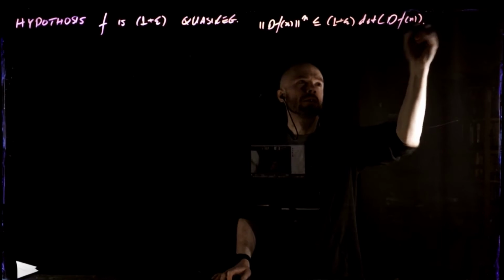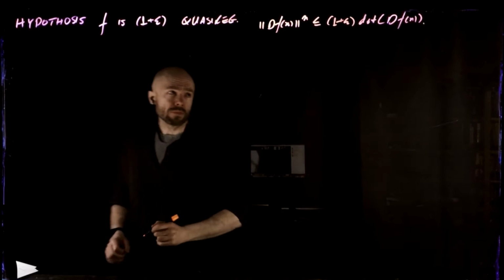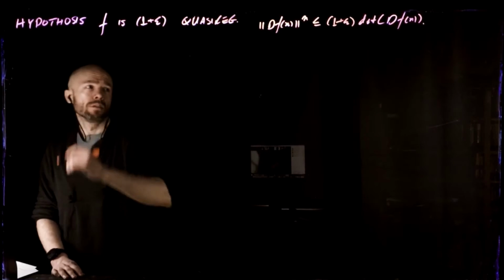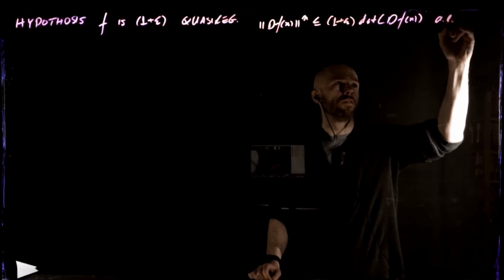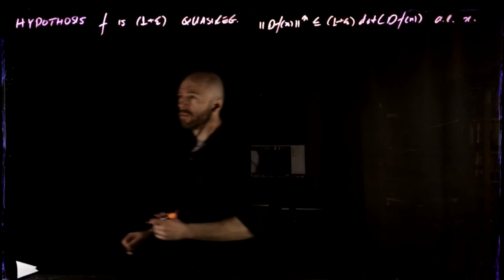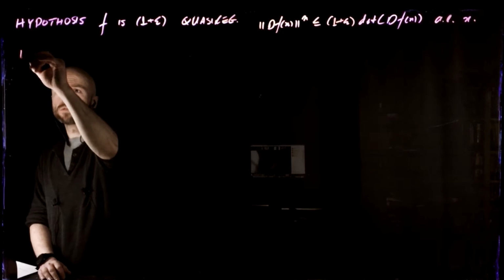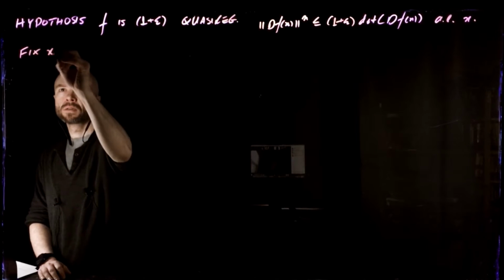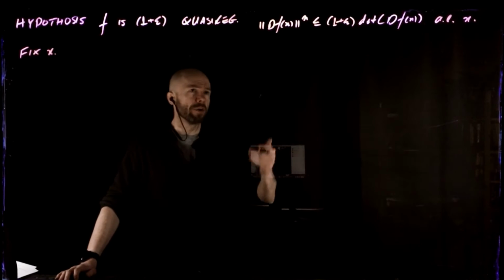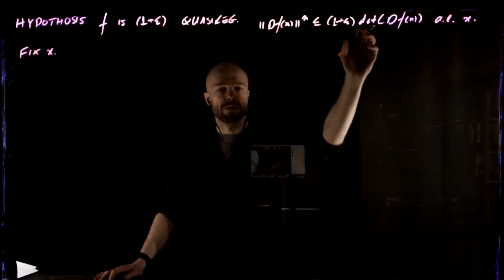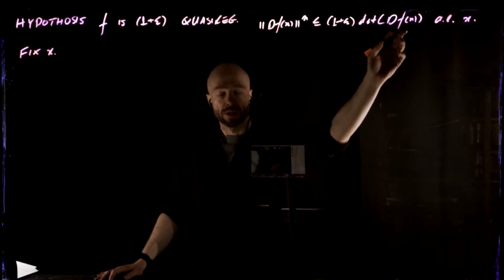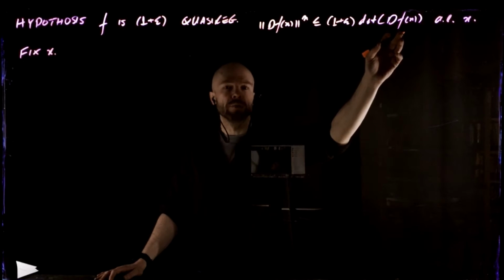This is true for almost every x, so fix x, and let's think about what this is saying. Implicit in this is that the determinant is non-negative. It might be 0.